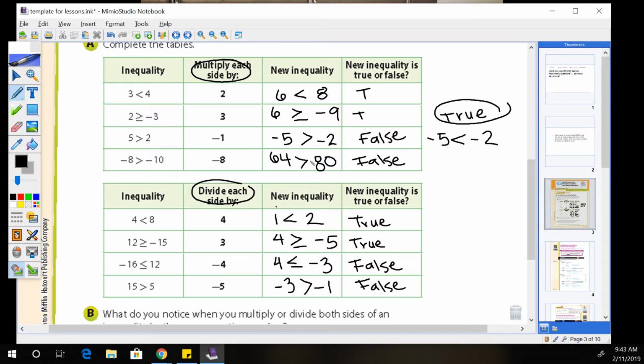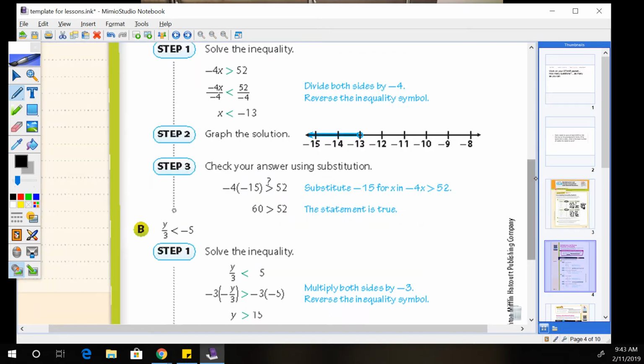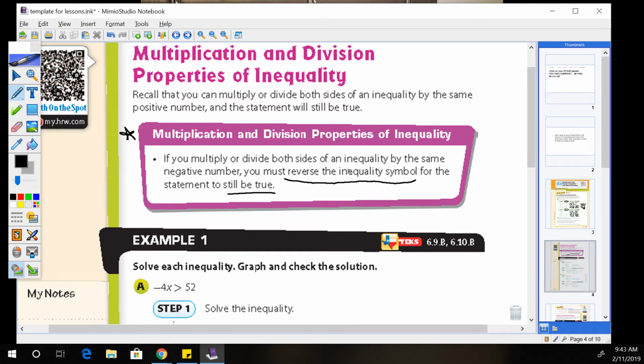If we rotate this symbol for the second one, 64 is less than 80. Is this new statement true? Yes. So that goes to our inequality. If we multiply or divide both sides by a negative number, you must reverse, as a key word, the inequality symbol in order for the statement to be true.